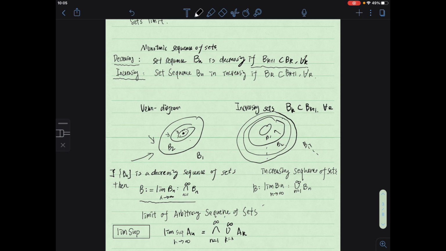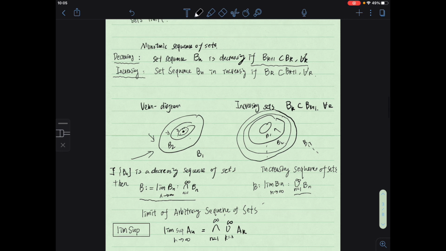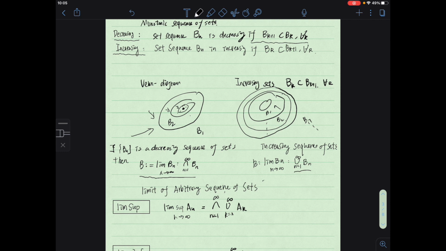Well, if we want to take the limits of increasing sequence of sets, we need to use the idea of union. So if we take the union of these sets, the limit will also be unique. Now we've defined the limits of increasing sequence of sets and decreasing sequence of sets.